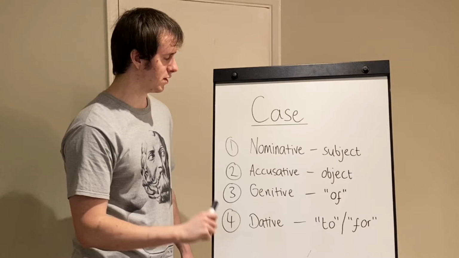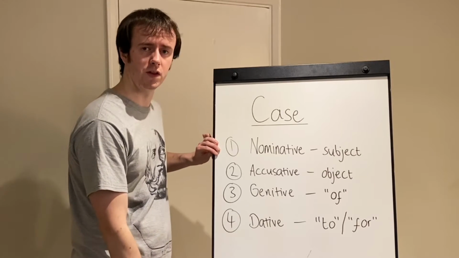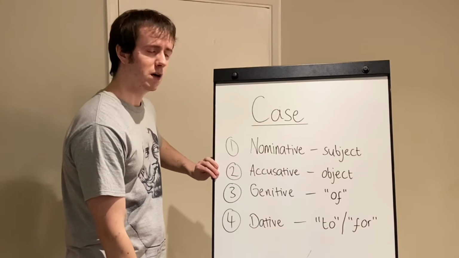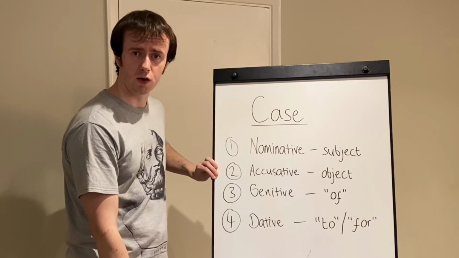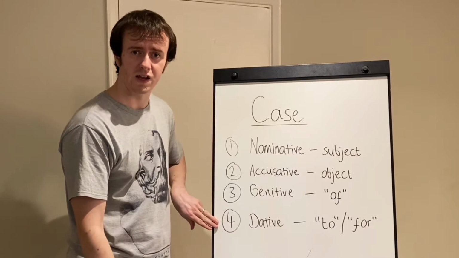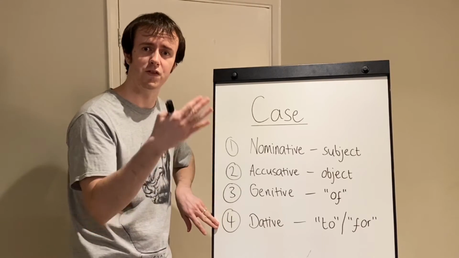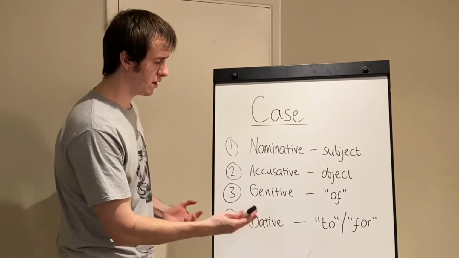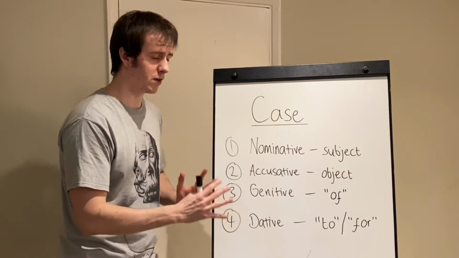In that sentence, the boy would be the subject. He would be in the nominative case. The gift would be the object. It would be in the accusative case because it is being given. Whereas the girl is the indirect object. The gift is being given to her. Like I said, the cases have more uses than this, but this is a very good overview.